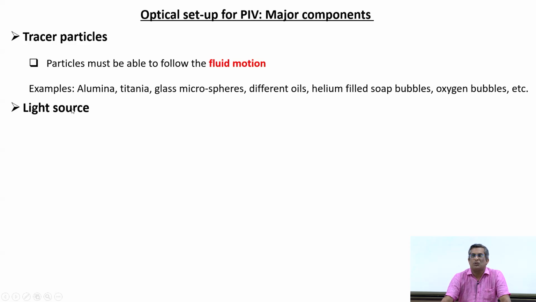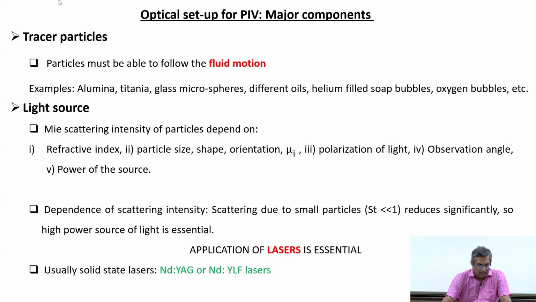Next, the light source. How should we illuminate the flow? We know that the scattering from the particles depends on various parameters, and the particle size is a very important parameter here. The problem is that if the particle size is too small, then it can be treated as a flow tracer, or we can call it a seeding particle.